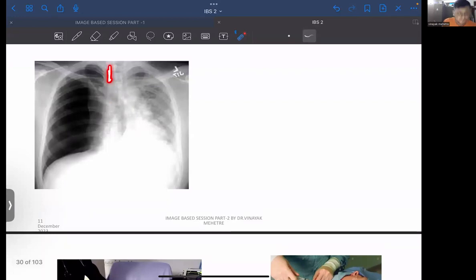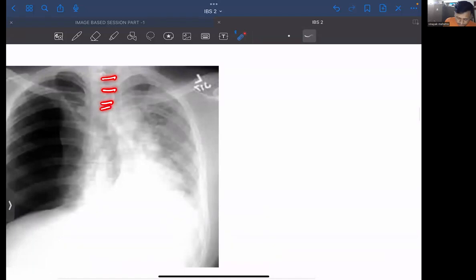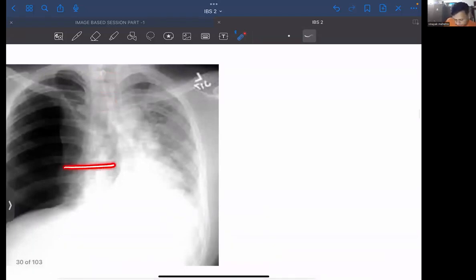Trachea should be over here. Take a look, trachea इधर शिफ्ट हुआ है, tracheal rings मिल रही है. So does the right border of heart. यहाँ पे हार्ट आ चुका है.